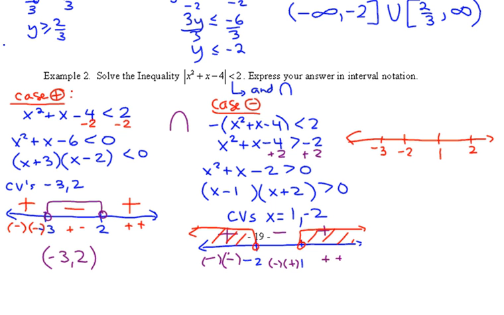And for "and," do we want the overlap or do we want everybody? Just the overlap. So this one was between negative 3 and positive 2. And this one was less than or equal to negative 2 and greater than or equal to 1. So where's our overlap?